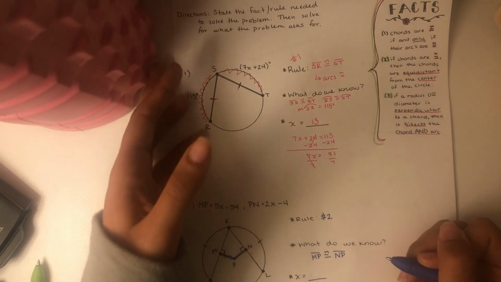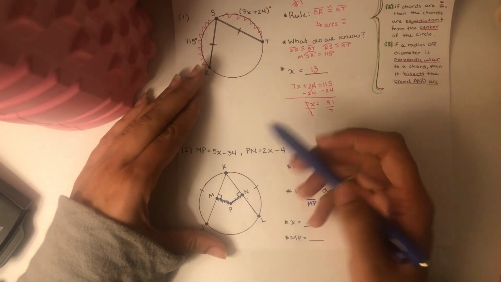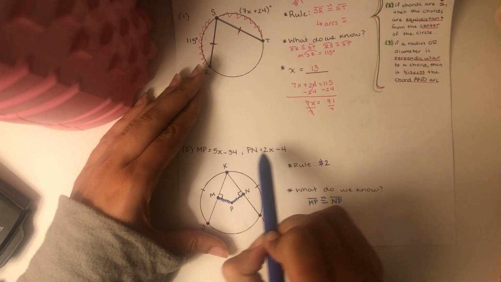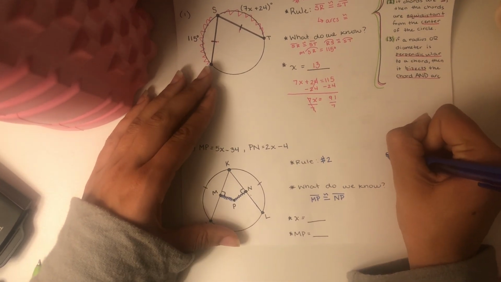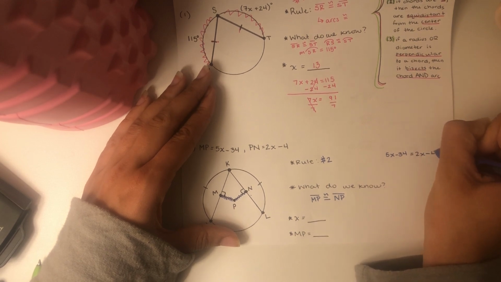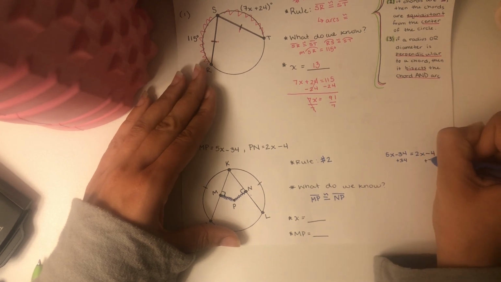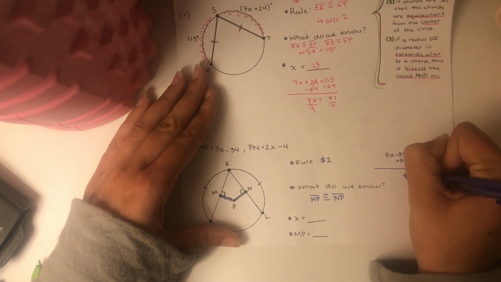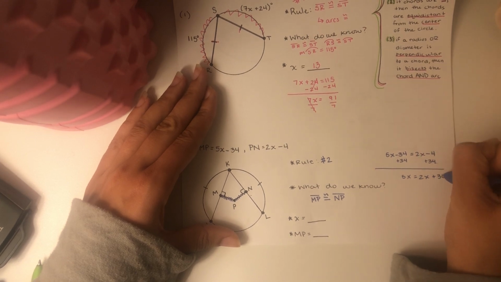So let's solve for x. What's my equation I set up? Well, MP was 5x minus 34 and PN was 2x minus 4. So I'm just saying 5x minus 34 is equal to 2x minus 4. Let's combine like terms, add 34 to both sides. 5x equals 2x plus 30.